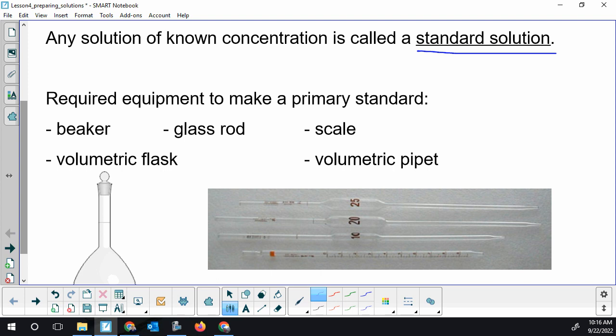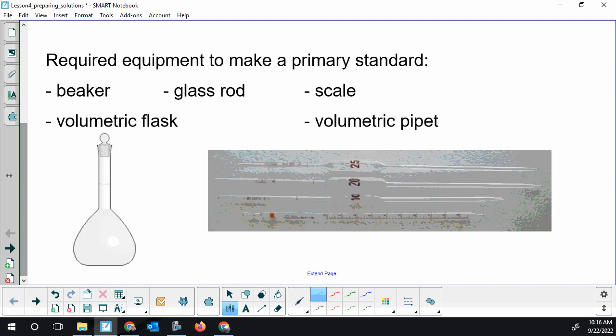We need a scale. The volumetric flask, which tends to be a curved piece of glassware, is where we get the very precise final volume. Now on my drawing on the board, the line didn't really come through for our volume.